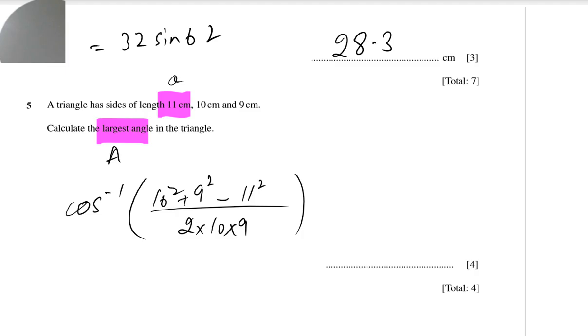That is 10 square plus 9 square minus 11 square over 2 into 10 into 9. The answer is 70.528, so 70.5.